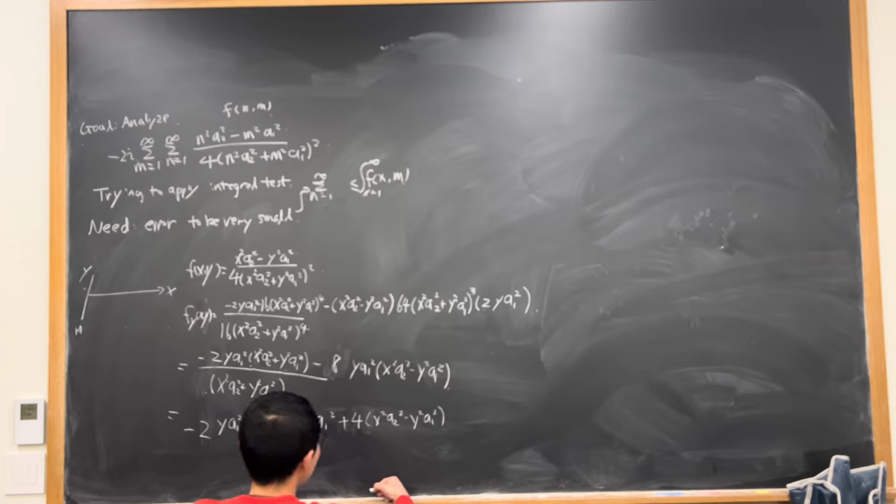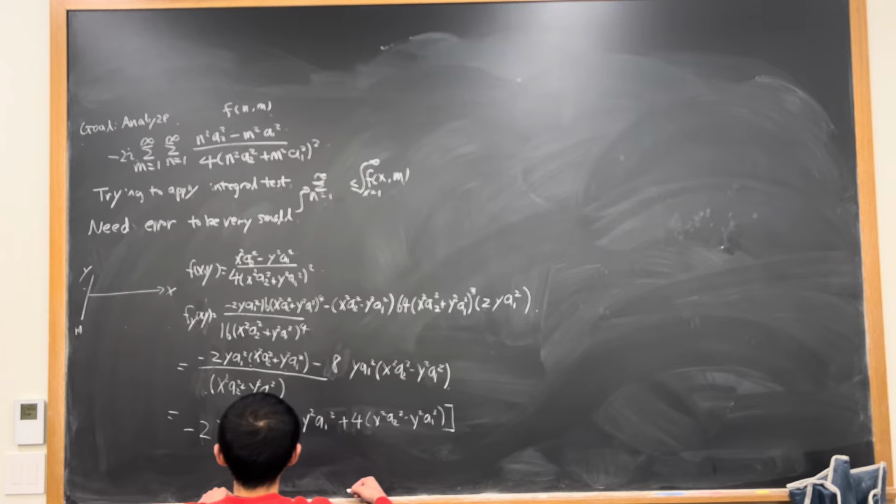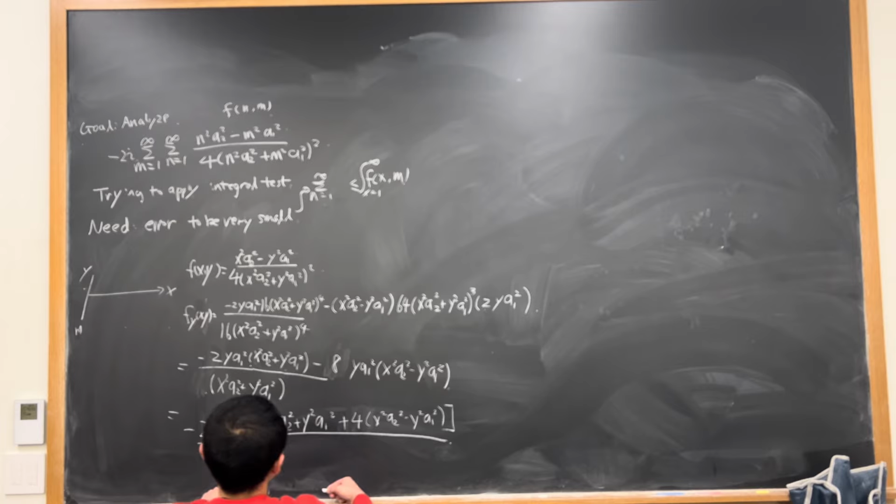Is that right? Okay, that should be right. So x squared a2 squared plus y squared a1 squared.